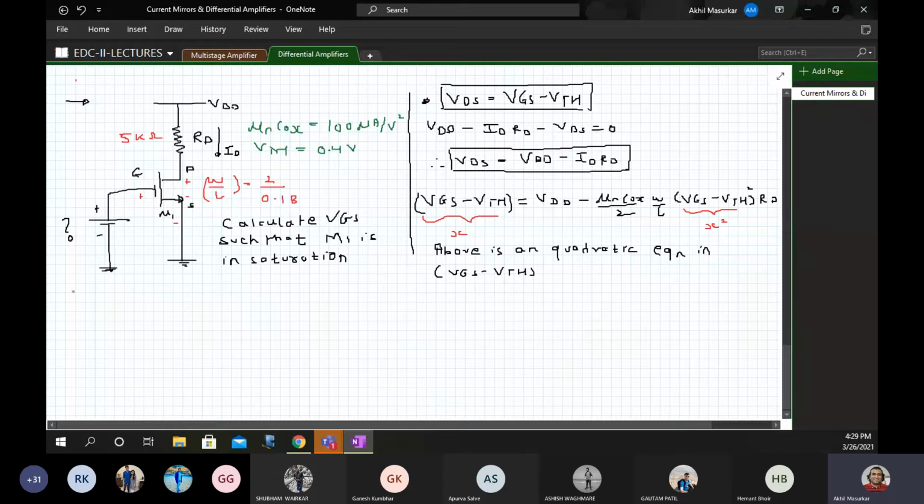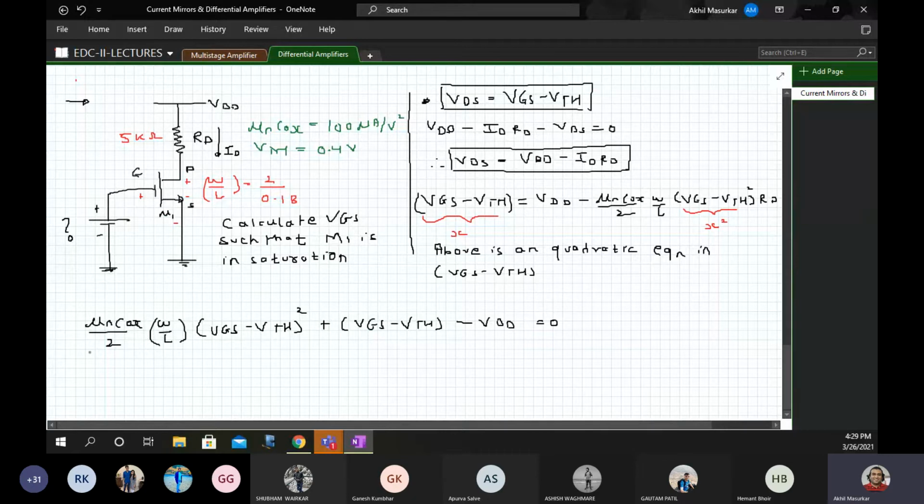So if you see this very cleanly, we can write mu n COX by 2 W by L into VGS minus VTH the whole square plus VGS minus VTH minus VDD equal to 0.